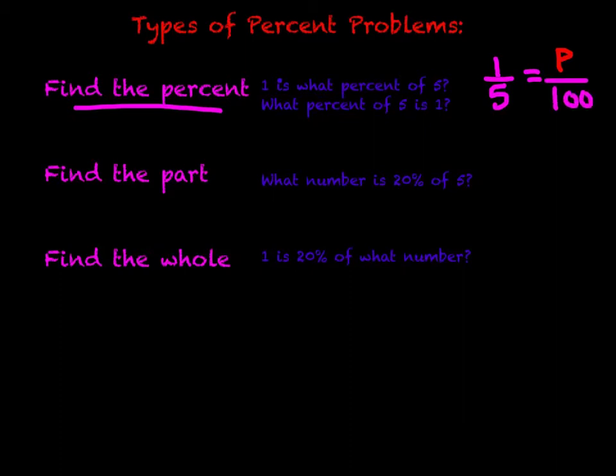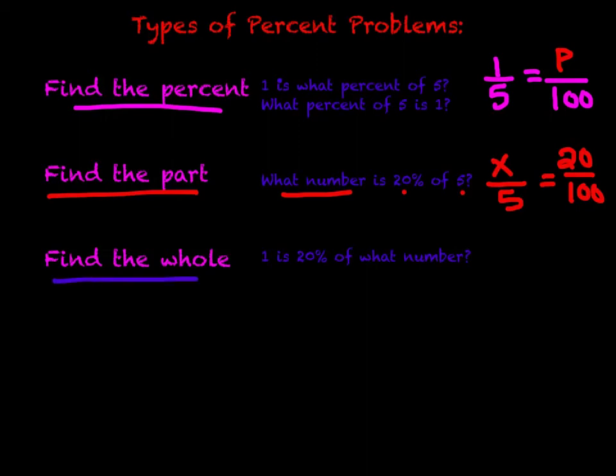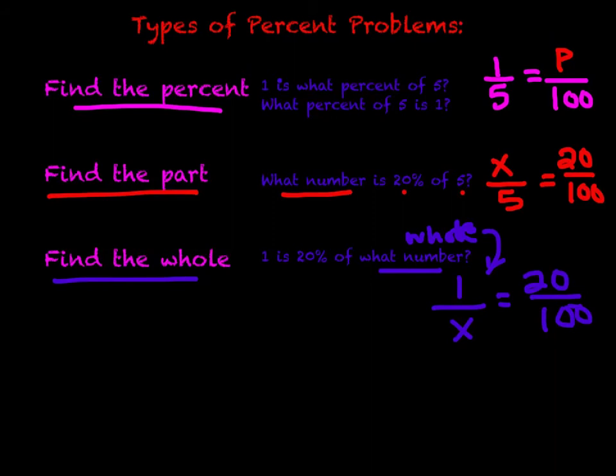We could find the part, so we could write x over 5 is equal to 20 over 100. So what number is 20% of 5? And then we can also find the whole, which is essentially 1 is 20% of what number? So we need to know the whole, and that ends up being our x. So we have 3 different types of x's that we can find. We can find the percent, we can find the part, and we can find the whole.